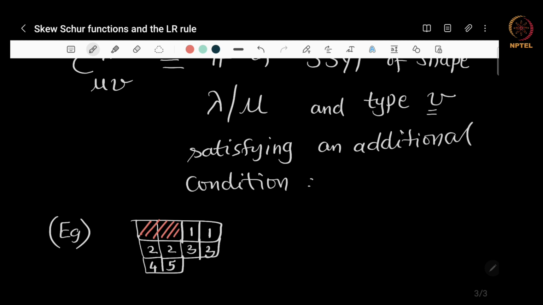So here's a way of filling it. Now, this is a semi-standard filling for sure. Associated to this, I will have what's called a reading word. I associate something called a reading word, sometimes called the reverse row reading word.